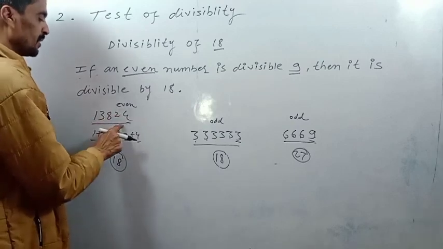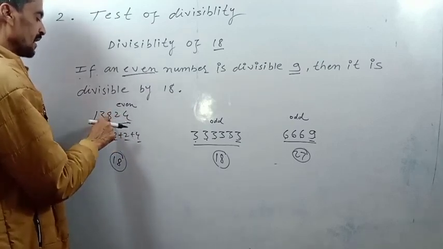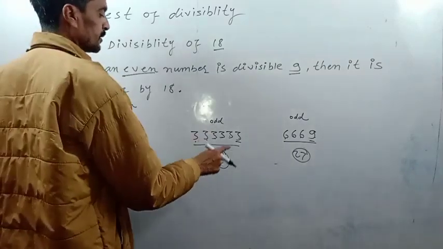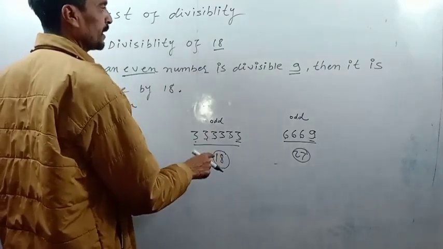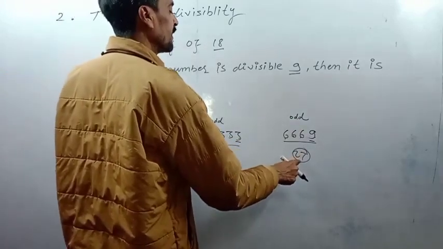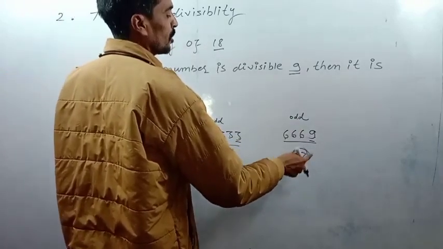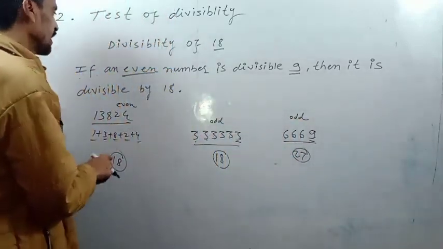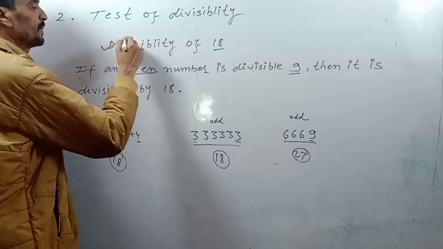This is an even number, and it also divides by 9, because the sum is 18. This is odd. The sum is 18, but it does not divide by 18. It is odd, and it divides by 9, but does not divide by 18. Why? Because it is odd. So that is the test of divisibility of 18.